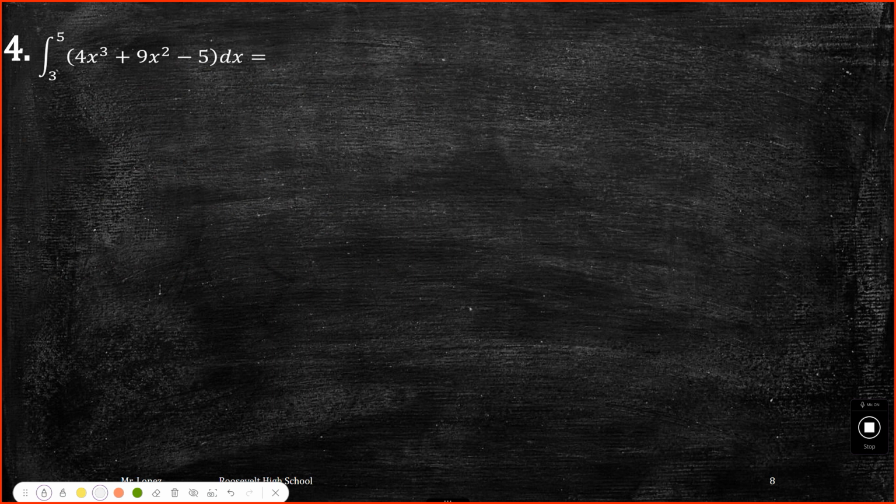Pretty straightforward how to find antiderivatives of this. This is called a definite integral. Why is it called a definite integral? Because it has a lower and upper bound, and we can evaluate and actually get an answer.